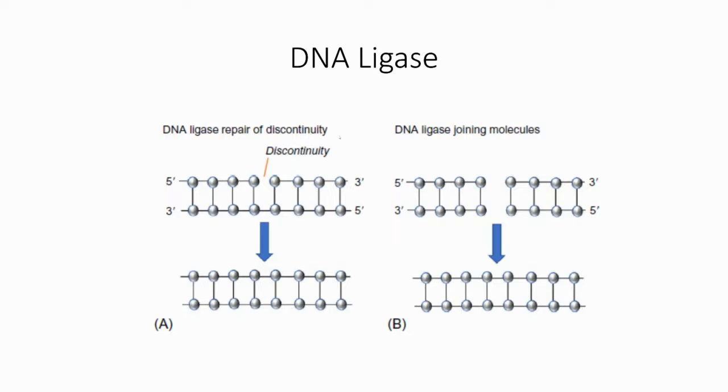And then another enzyme, the DNA ligase. DNA ligase can repair this discontinuity, because if the phosphodiester bond is broken, then you need to repair this. Like this, ligase, or you can promote the two molecules to join together.